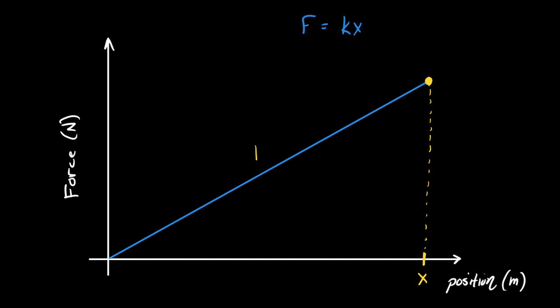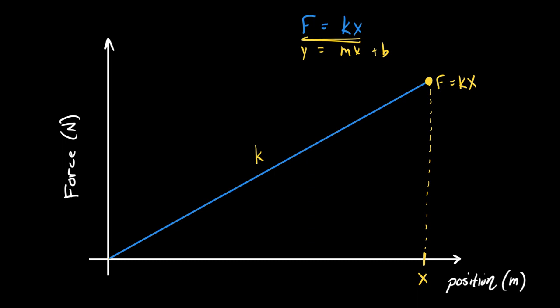If the slope of this line is k, because this is y equals mx plus b, if the slope of this line is k, because it's a straight line, this point would have to have a force equal to kx. Right? That's what it is. We said it's a spring, and the force is equal to kx.